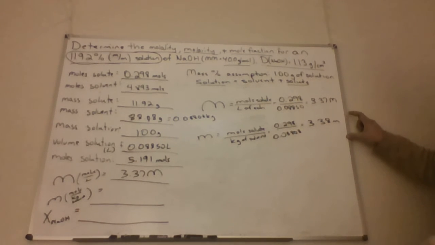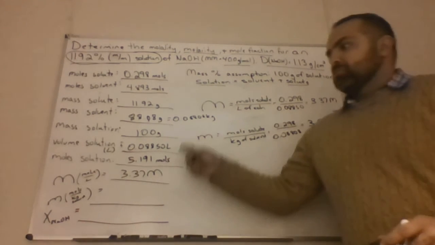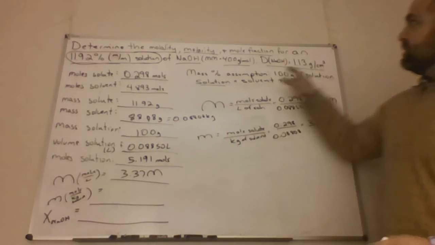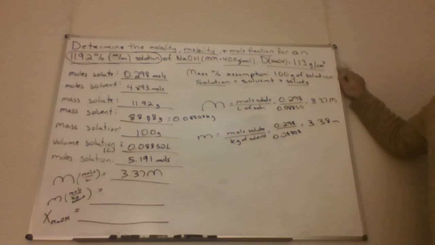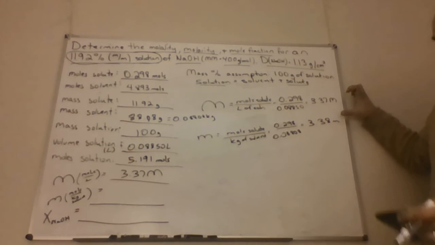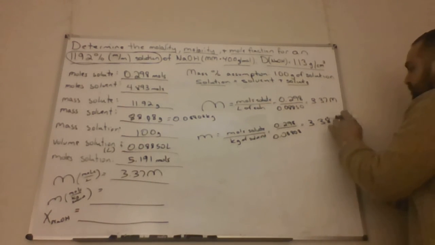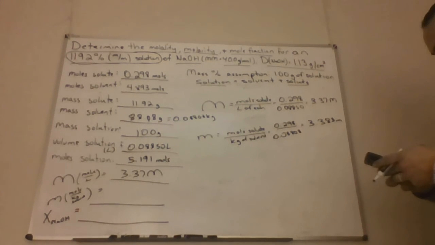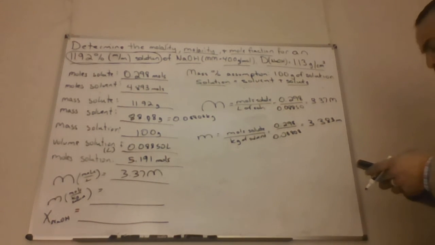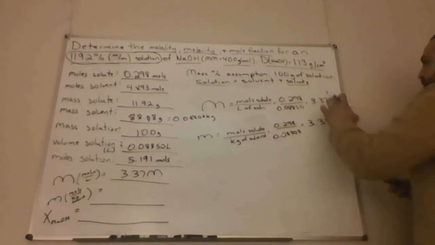Now, it's not too far off because the density is, where's the density? Density is not too far from 1. The closer you are to 1, the closer these two values are. So we would have gone back and written 4 significant figures. This would be 3.383 molar and 0.298 divided by 0.08850 is 3.367.